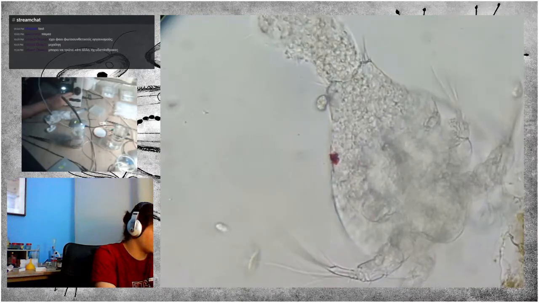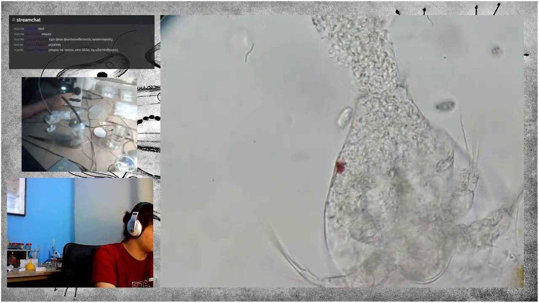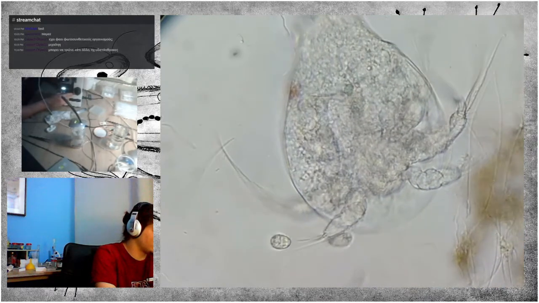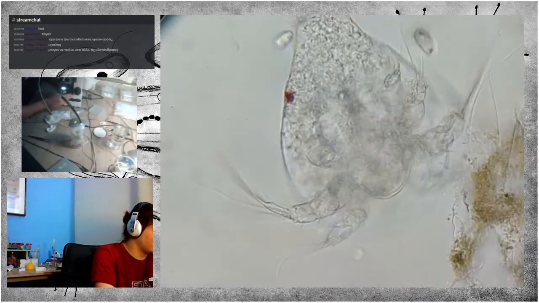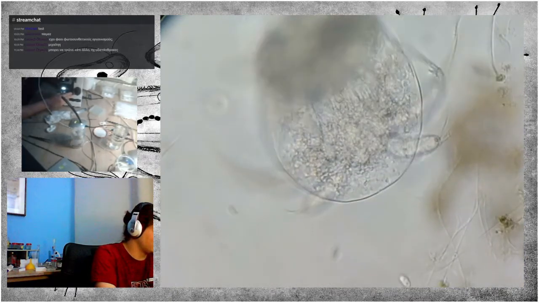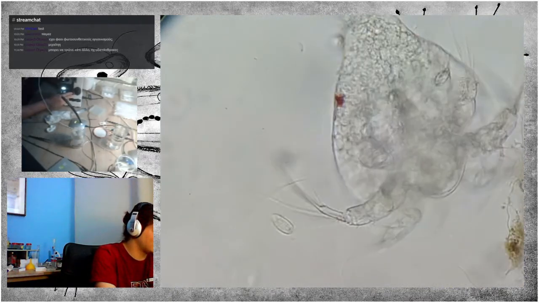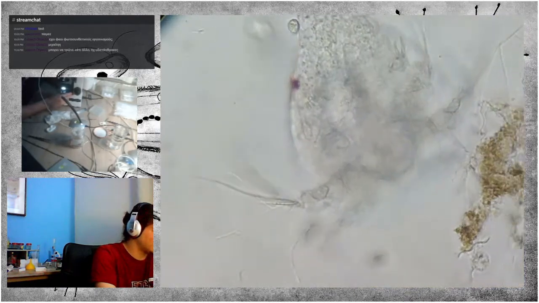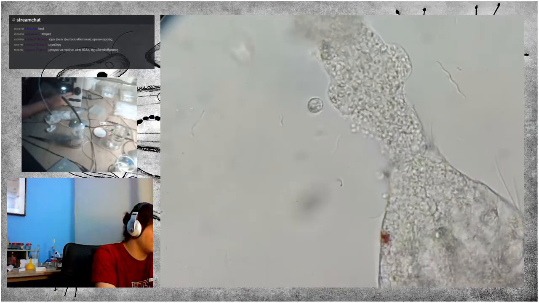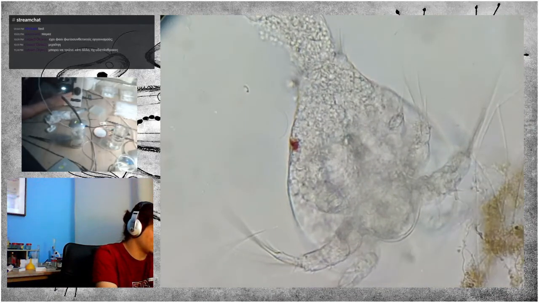What's happening here? Now, this red spot here is the eye spot of the copepod. And here is the head, where the eye spot should be, and it has gone here. Now, this is definitely an infected copepod.